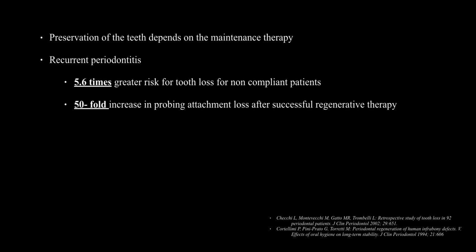And there is also a 50-fold increase in probing and attachment loss after successful regeneration therapy, regardless of how successful the treatment is, if there is no sufficient maintenance phase and compliance from the patient.